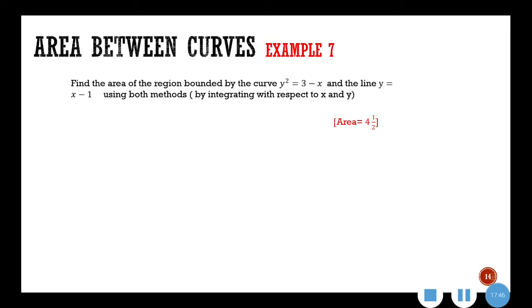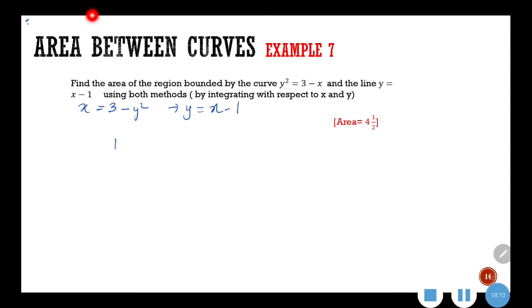Okay, so we have y square equals to 3 minus x. Okay, so in other words, maksudnya dia adalah x is equals to 3 minus y square. And another curve is, satu lagi, y equals to x minus 1.